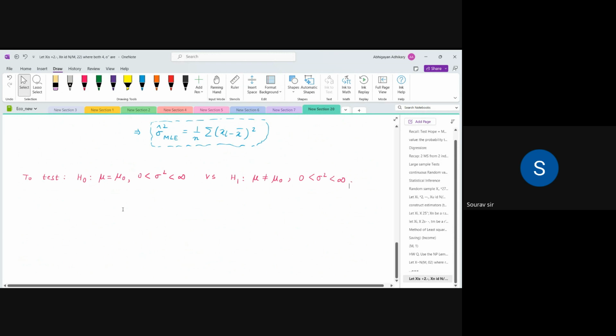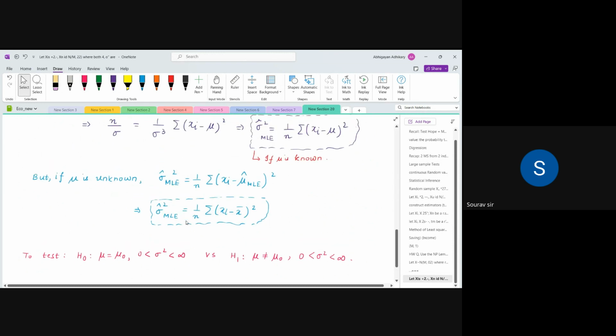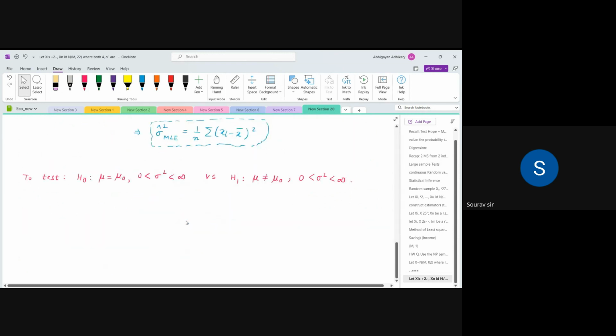Okay. So this is your parameter space. Mu equals mu naught, and this is the specific omega naught that we are talking about. Okay. So this is the specified parameter space under the null hypothesis.